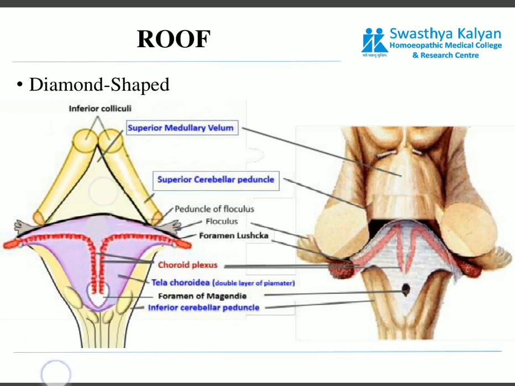So the superior medullary velum fills this angular interval between the two superior cerebellar peduncles. On the dorsal surface, this medullary velum is covered by the lingula of the superior vermis. The lingula of the superior vermis is one of the portions of the cerebellum.